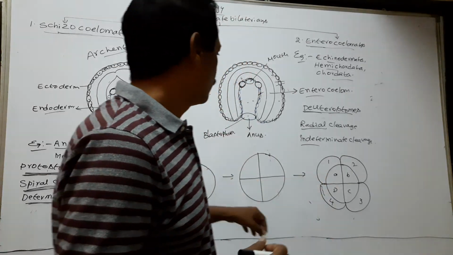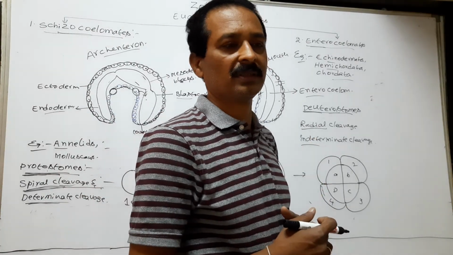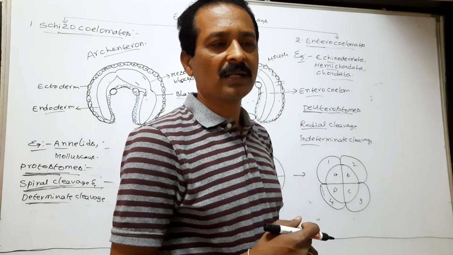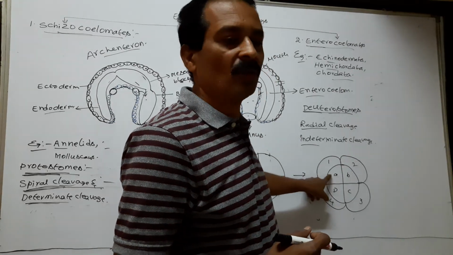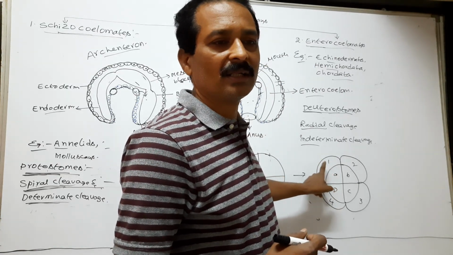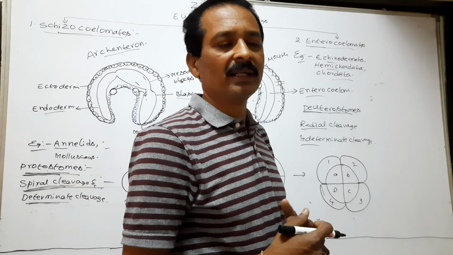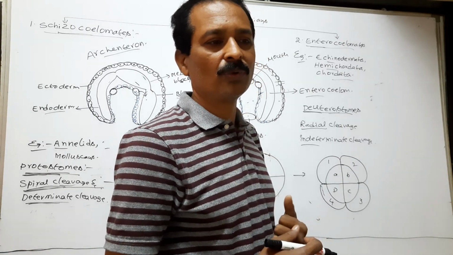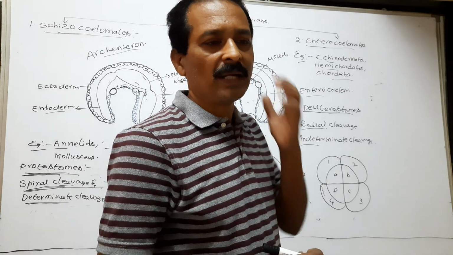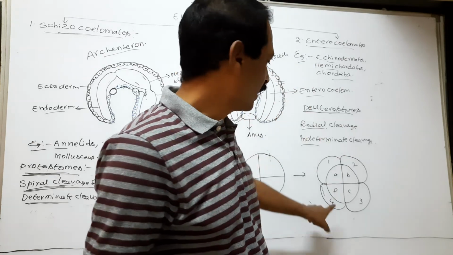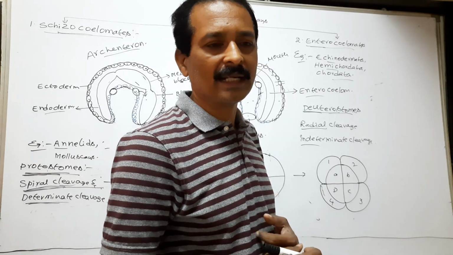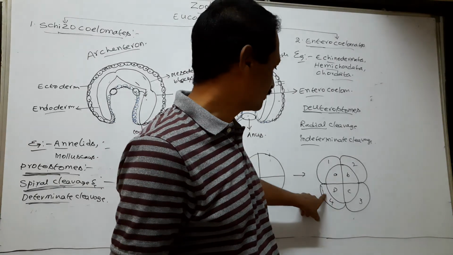So radial cleavage is the arrangement of the blastomeres of each upper tier directly over those of the next lower tier, resulting in radial symmetry around the pole to pole axis of the embryo. So the blastomeres are arranged one over another.